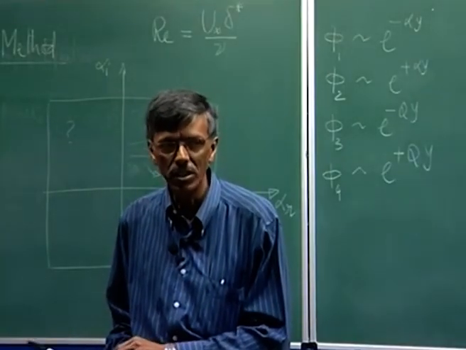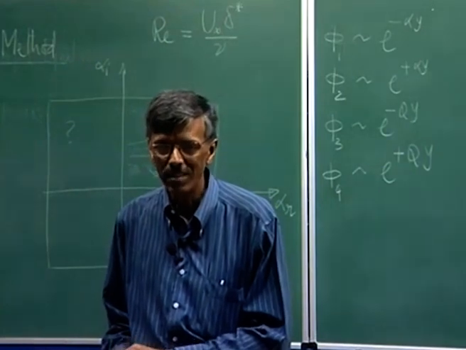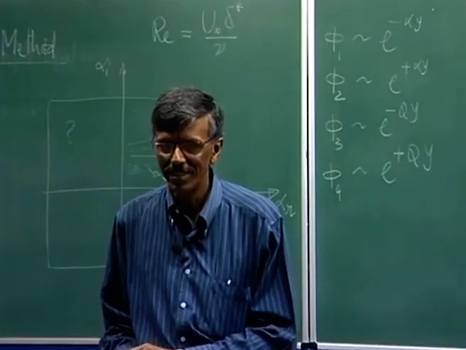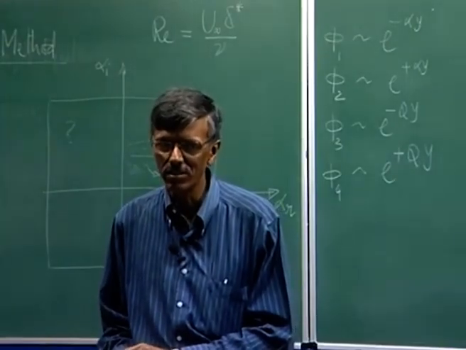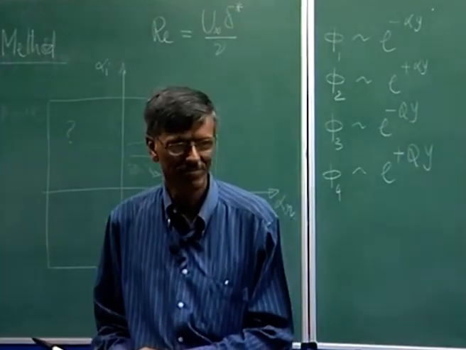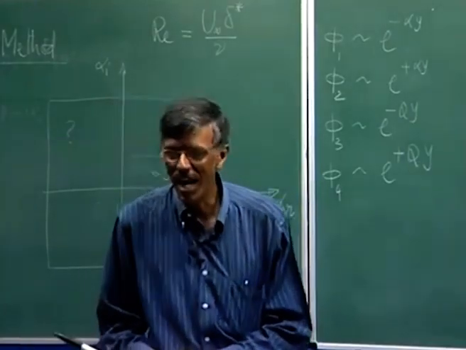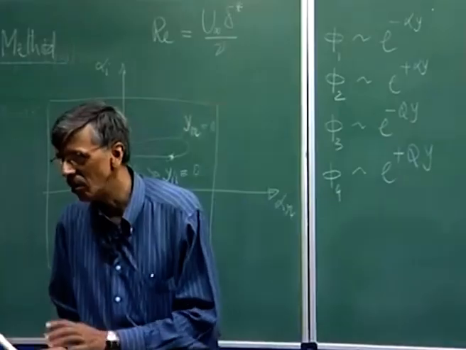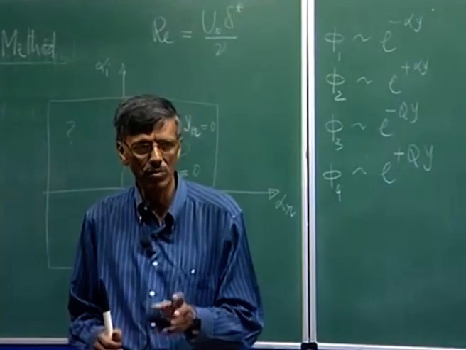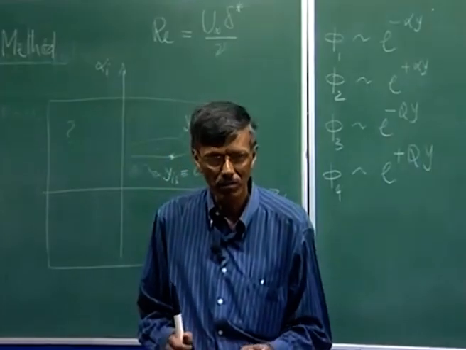Only thing that you need to do is look at your initial condition. Your initial conditions now need to change, because we obtained those initial conditions based on the choice of phi 1 and phi 3.